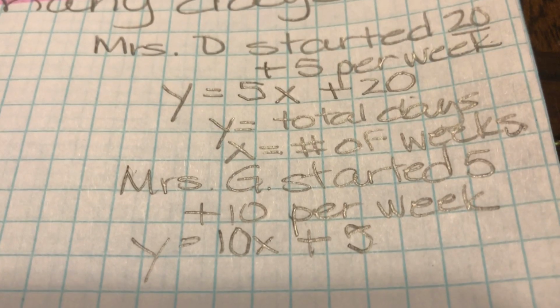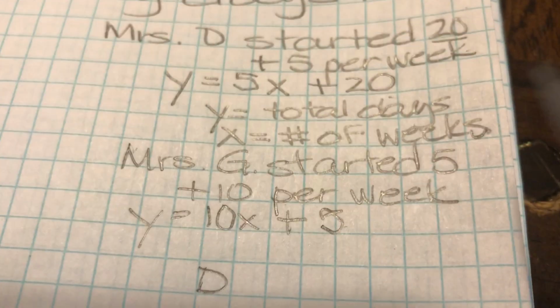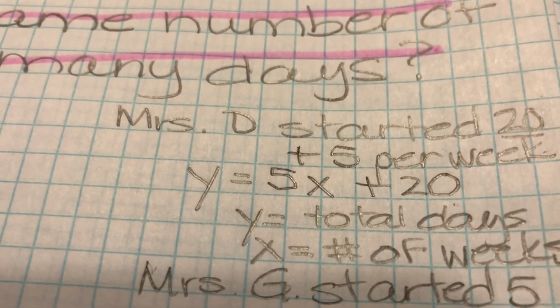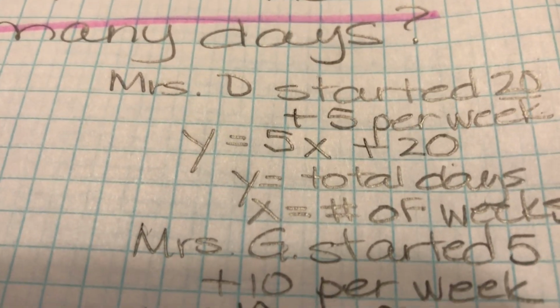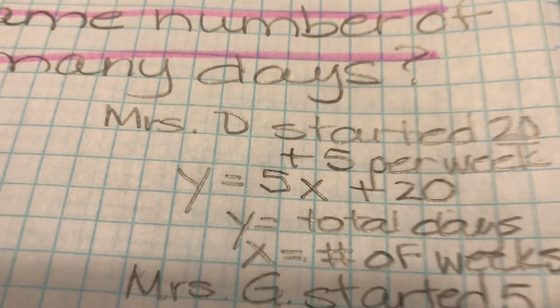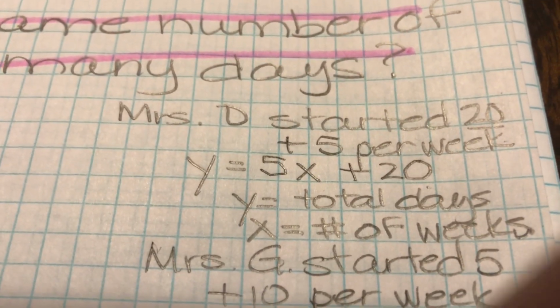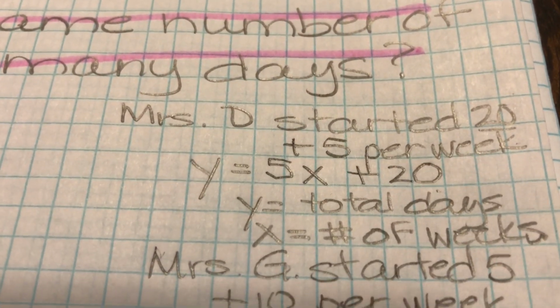Okay? So I want to go ahead and I want to break it down. So I'm going to go to Miss Doherty and I'm going to look at my b. Well, my b is 20. So I know that I'm going to have a point at 0, 20. I know that her slope is 5. So that means it's up 5 over 1.